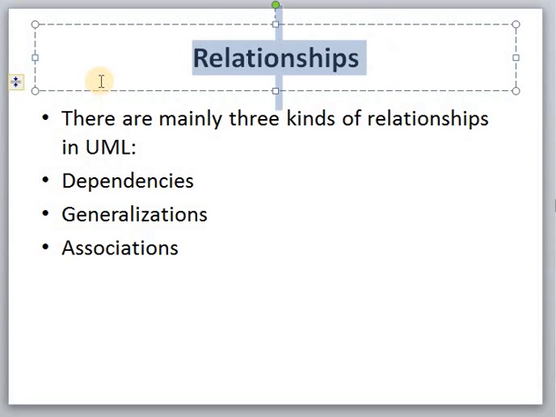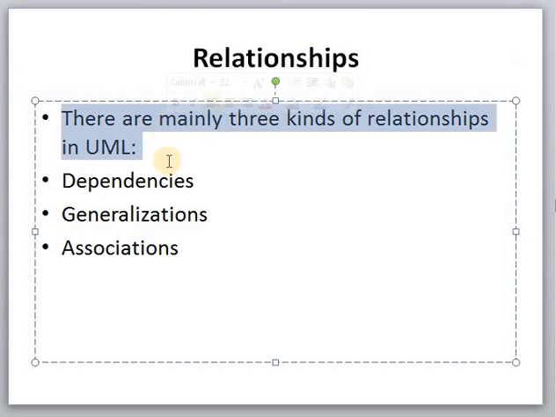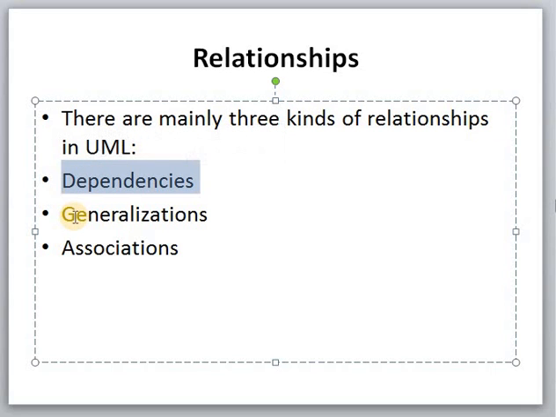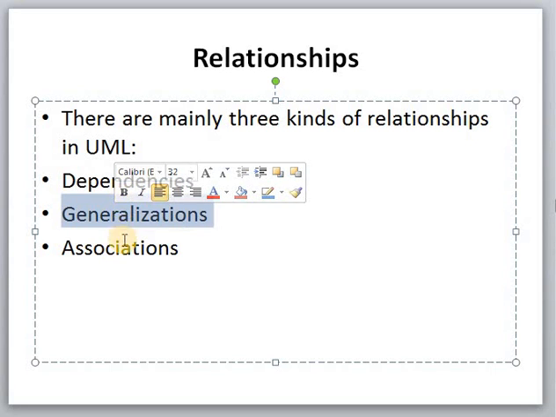So now we will focus on different types of relationships in a class diagram. So there are mainly three kinds of relationships in a UML class diagram. The first one is the dependency relationship. The second one is the generalization relationship.